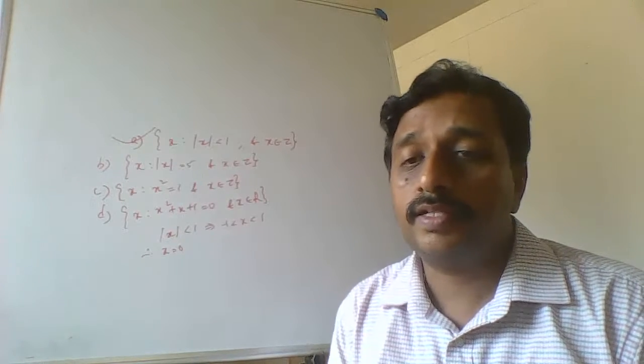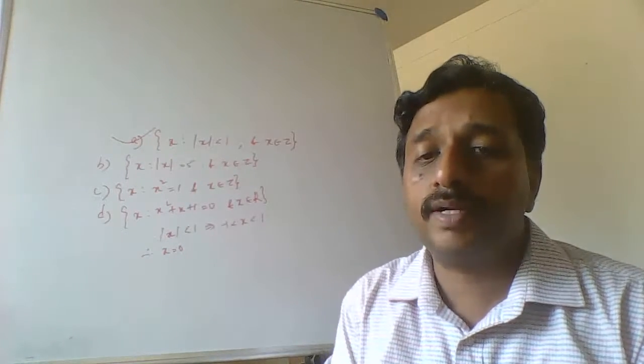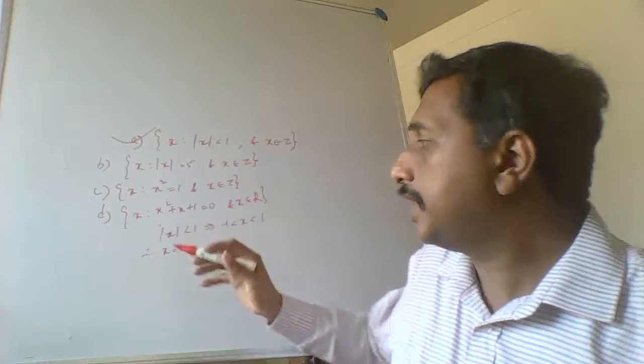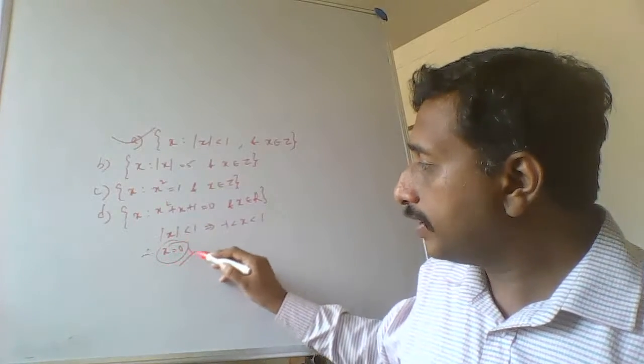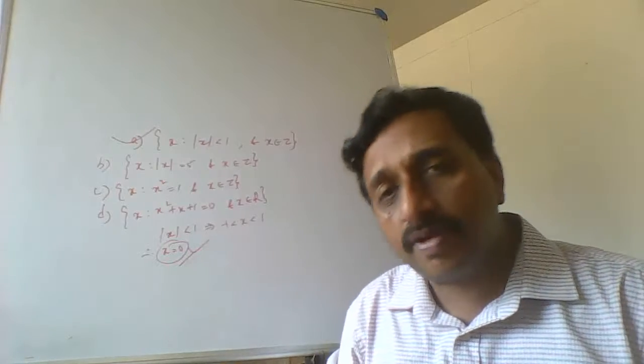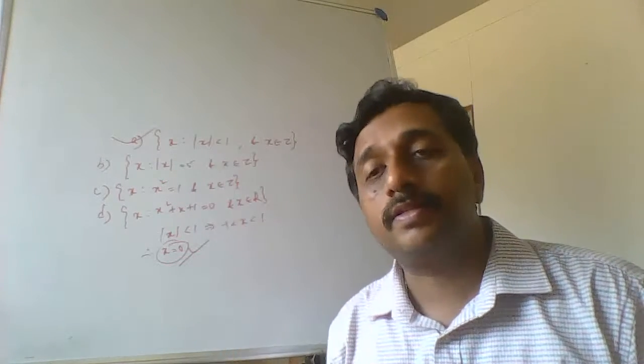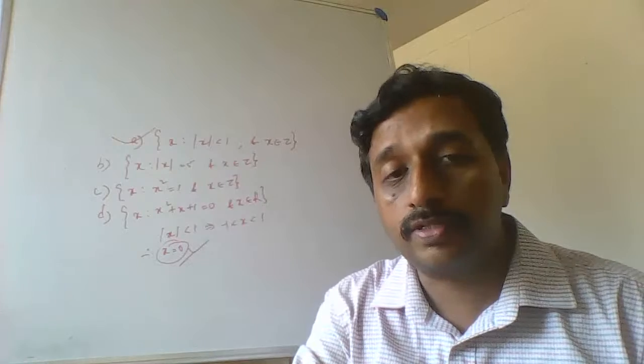This set therefore has only one element in it, which is x equal to 0. So only one element exists. So this is the perfect singleton set here. I hope you understood this.